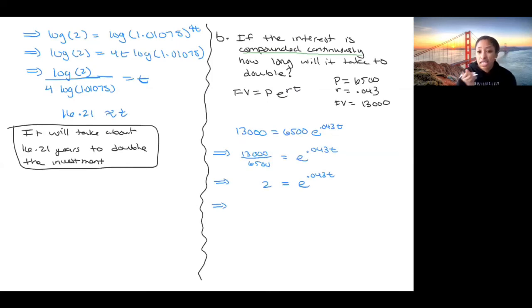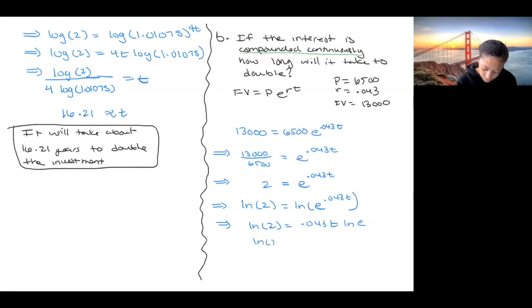In this case, since our exponential term has a base of e, I'm going to use ln. ln of 2 is ln of e to the 0.043t. And that tells me that ln of 2 equals 0.043t times ln of e. And remember, ln of e is just 1. So ln of 2 equals 0.043t. And t would be ln of 2 divided by 0.043.